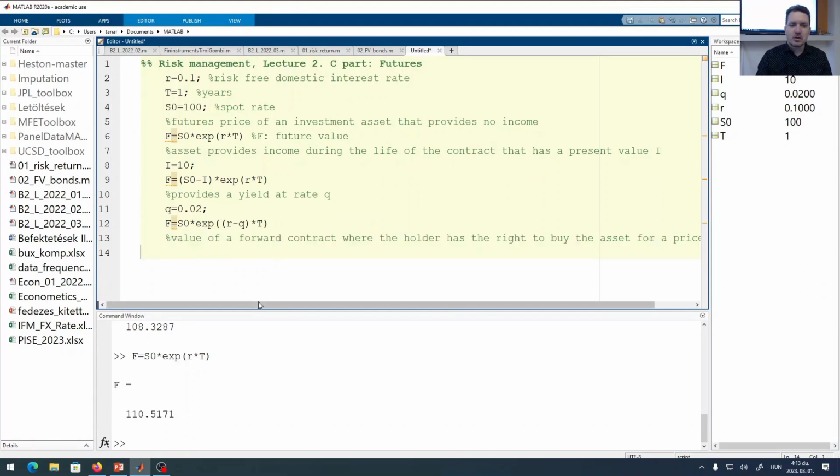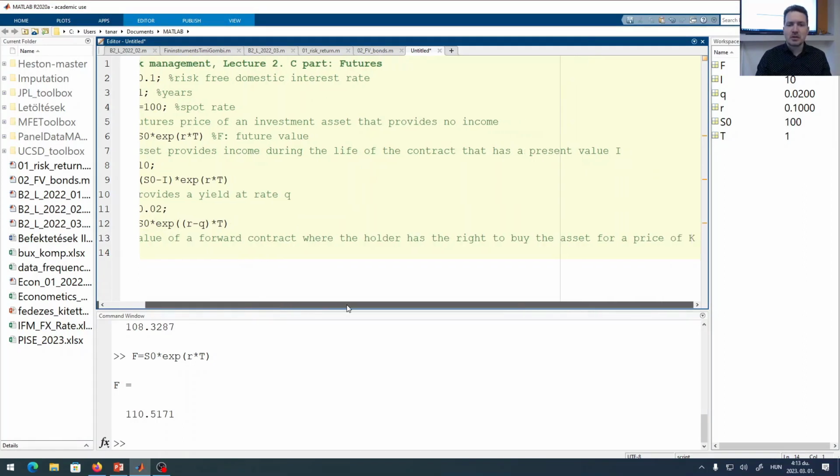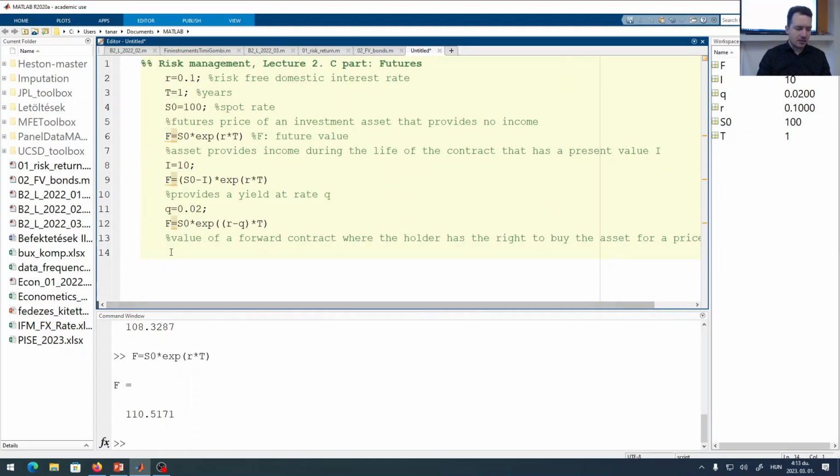And after that, a long futures or forward contract where the holder has the right to buy the asset at the price of K. So K equals 20.